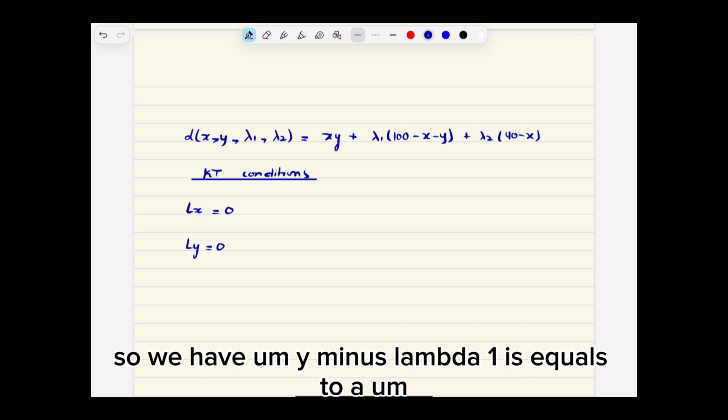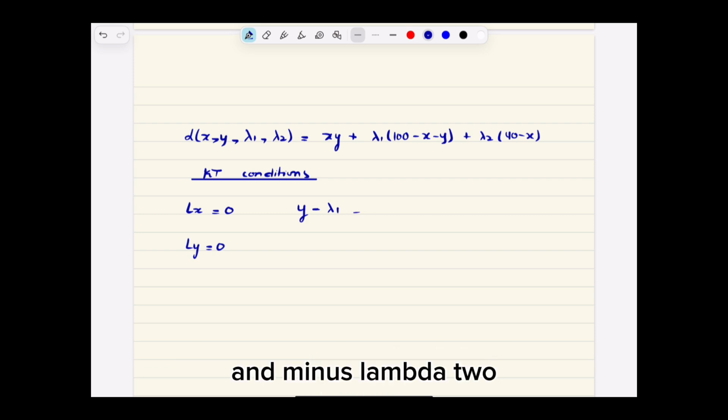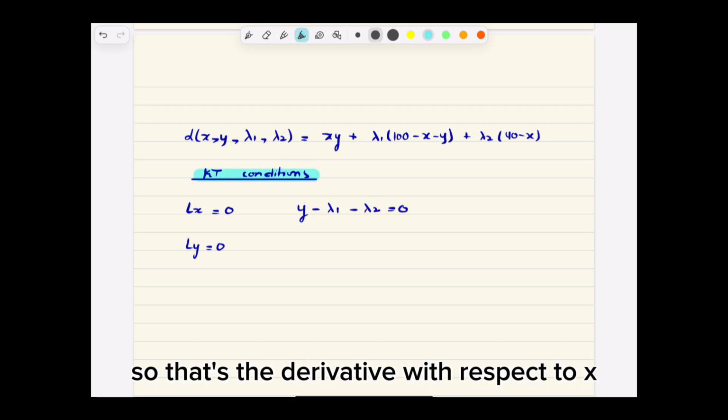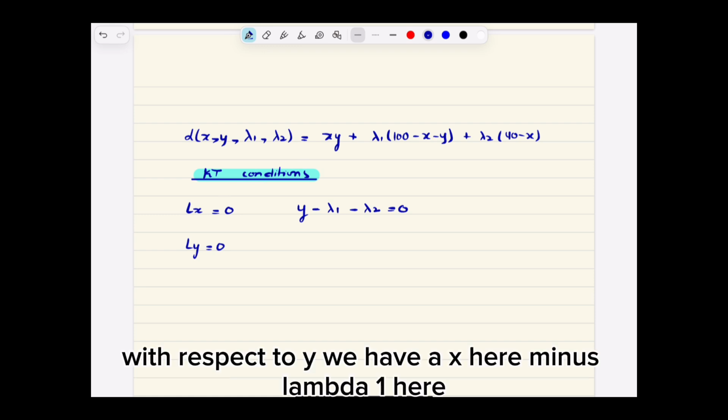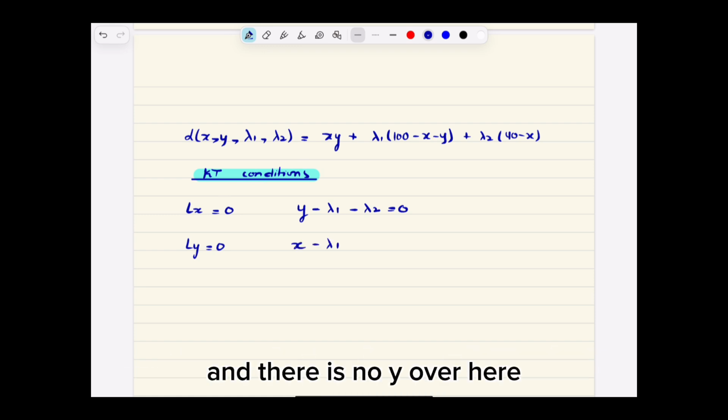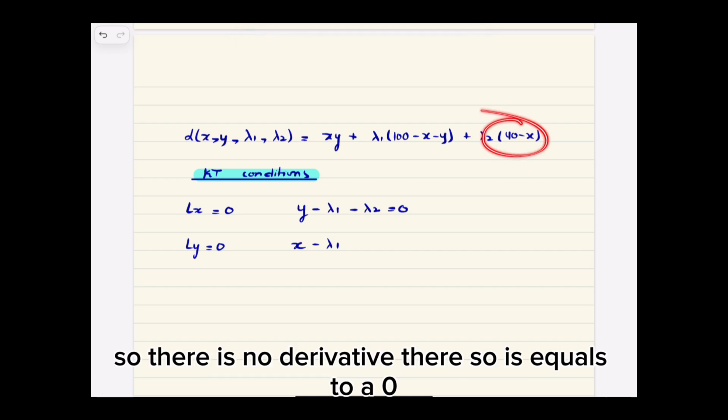Okay, so we have y minus lambda 1 minus lambda 2 is equal to 0. So that's the derivative with respect to x. With respect to y, we have x here minus lambda 1 here, and there's no y over here, so there's no derivative there, so it is equal to 0.